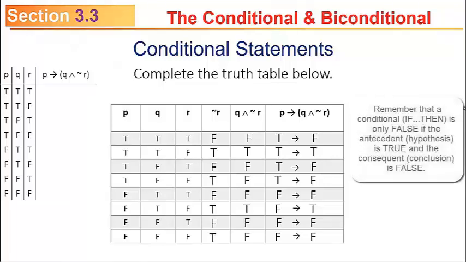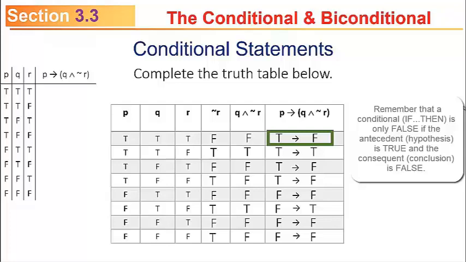And you have to remember, for an implication, there's only one false case, and that's if the hypothesis, or antecedent, whatever you want to call it, is true and the conclusion is false. Otherwise, it's true.